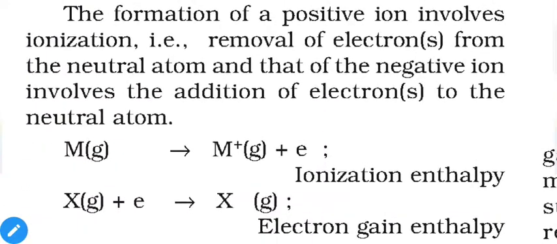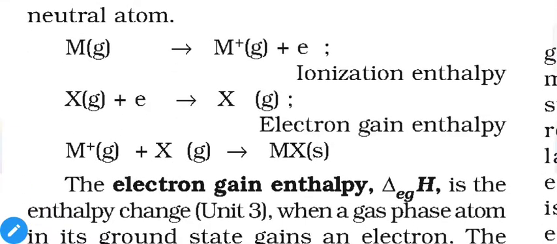The formation of a positive ion involves ionization, that is removal of electron from a neutral atom, and that of a negative ion involves the addition of electron to the neutral atom. So for the negative ion it will be electron gain, and for positive ion formation it will be ionization. Simple reactions are mentioned here.